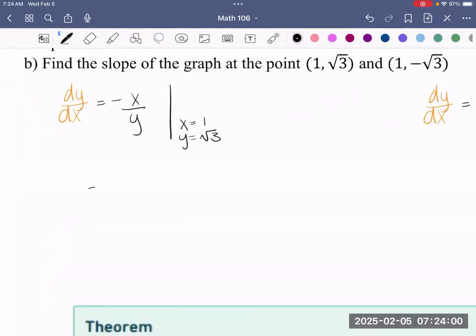So here we have negative 1 over the square root of 3. Now this is where we are going to rationalize. Rationalizing just means that sometimes we need to simplify your denominator or your numerator. If we have a square root, typically we are going to get that out of the denominator.